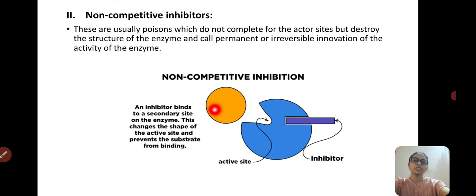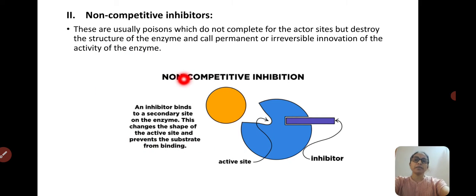Substrate structure is different, and you can see here the enzyme earlier it was having a round active site like this, but after the attack of this inhibitor, it has changed the structure of the active site and made it very much not suitable for the substrate molecule to come and bind.